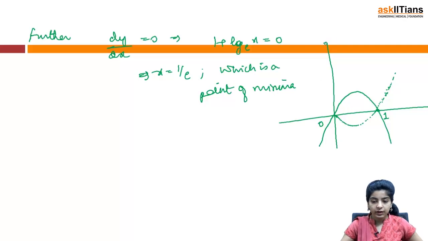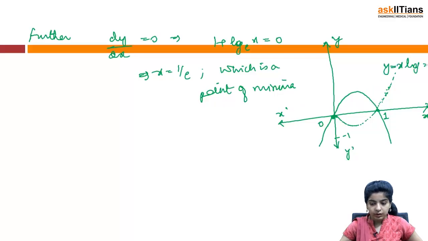This is my y-axis, this is my x-axis, this is my origin, this is minus 1, y dash, x dash. So now this is y equal to x log x, and this is y equal to 2x minus 2x square. So basically we are required to find out this area.